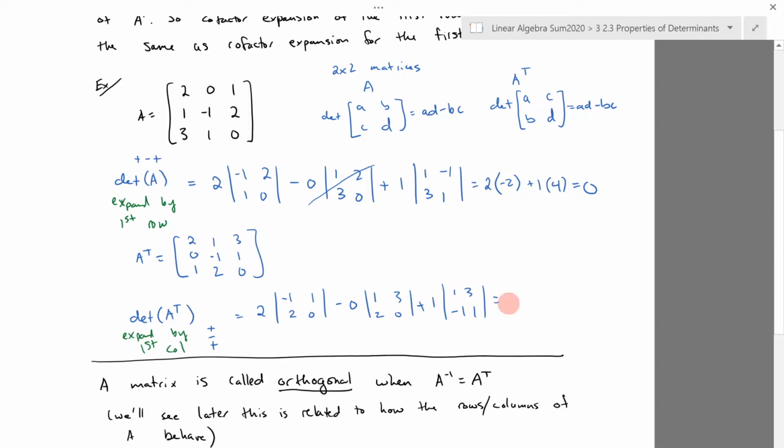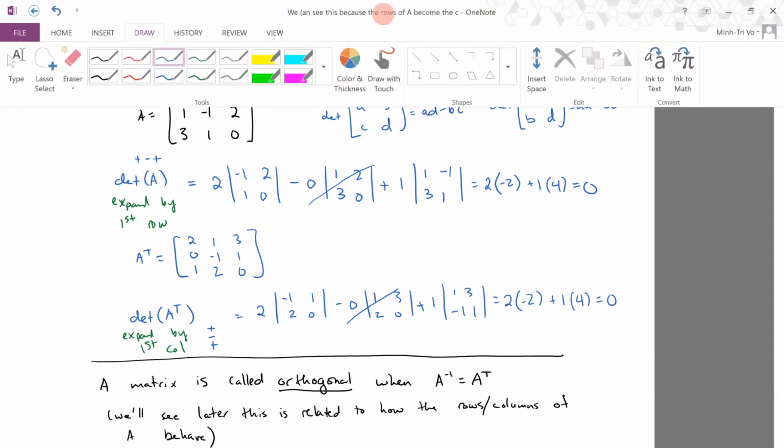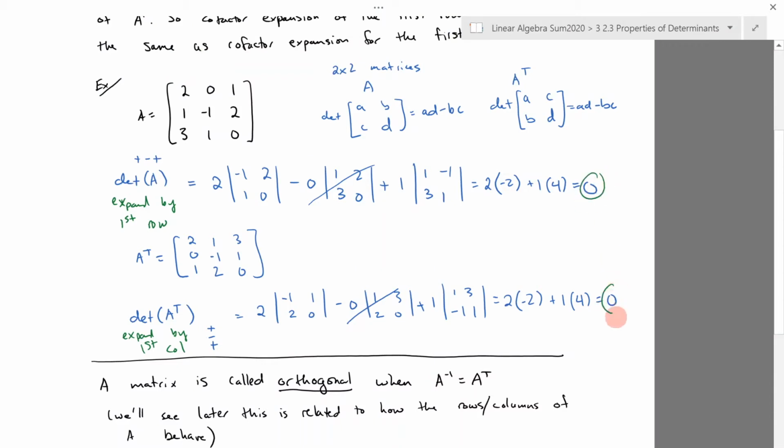Then 2 times 0 minus 2 is negative 4. This is 0. And plus 1 times 1 minus the negative 3 is 4. So again, it's negative 4 plus 4, which is 0. And so we again see that the determinant of A is the same as the determinant of A transpose.